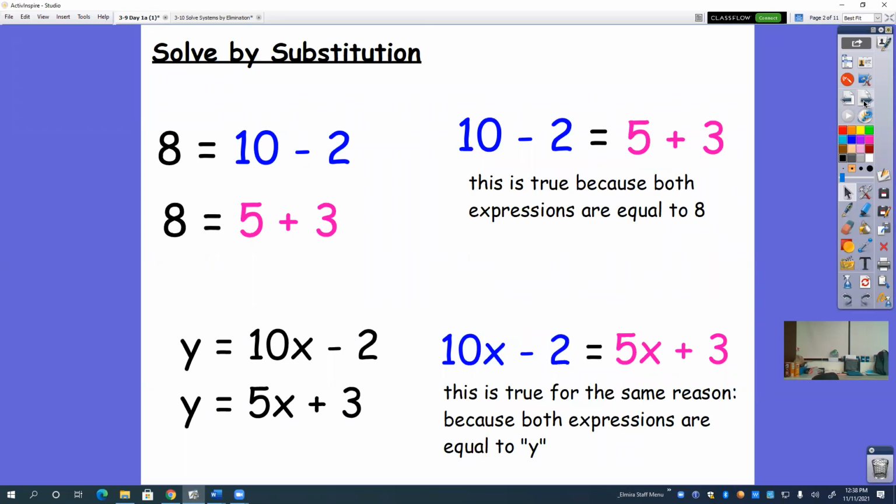So in this first example, y equals 10x minus 2, but y also equals 5x plus 3. So therefore, this is true for the same reason, because both expressions are equal to y. So 10x minus 2 equals 5x plus 3. Okay?